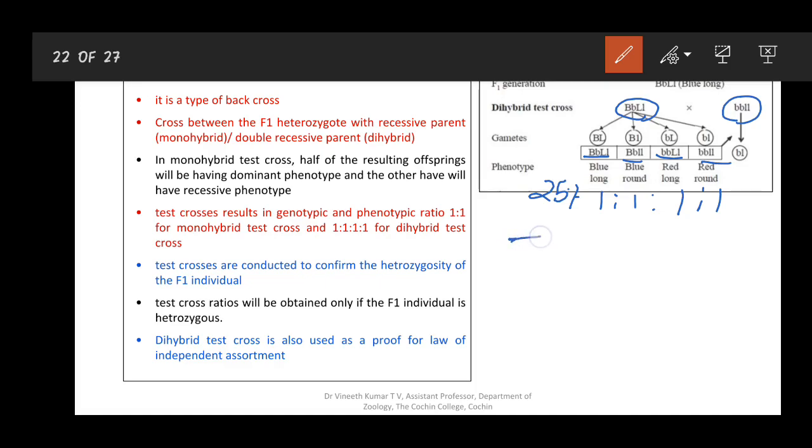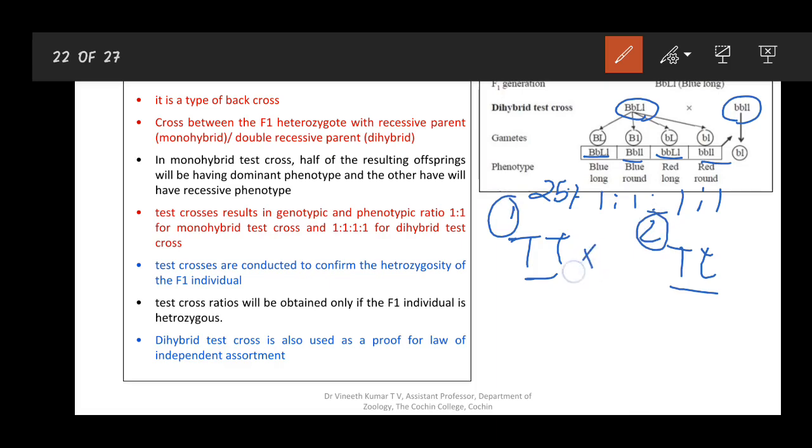Tall can be either like this, or tall can be like this. I need to confirm whether my tall is this or this. So you can do a test cross with both these possibilities. This is the first possibility of a tall plant. This is the second possibility of a tall plant.